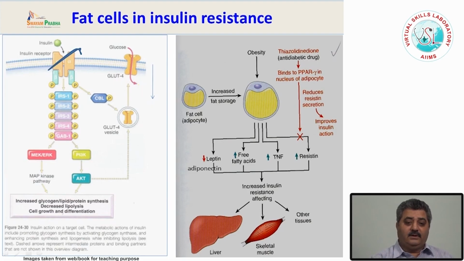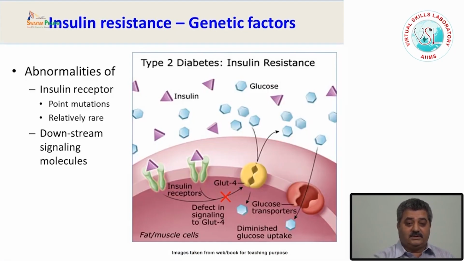It has been found that in obese people the environment is more pro-inflammatory. Many cytokines are released by these adipocytes, which cause inflammation and ultimately lead to insulin resistance.